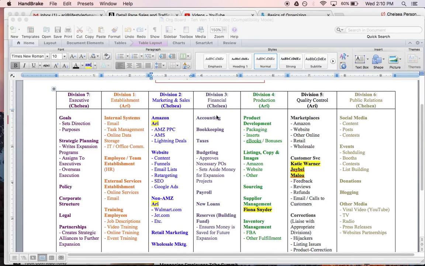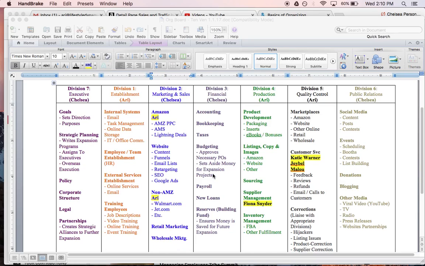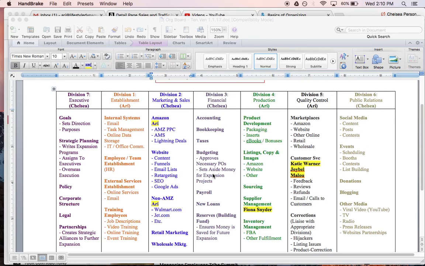Division 3 is the financial division. So you make the sales, now people start paying you money, you better manage that money correctly, right? Money management is a huge part of being successful in business. And it's one of the reasons why a lot of businesses fail: they don't know how to manage their money, their debt, and all that kind of stuff. So the financial division is accounting, bookkeeping, taxes, budgeting, payroll, of course.